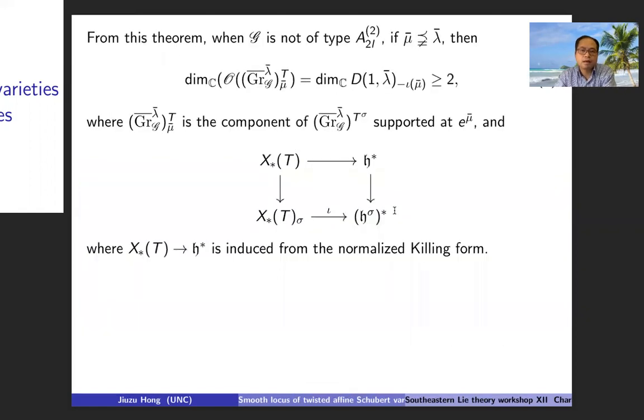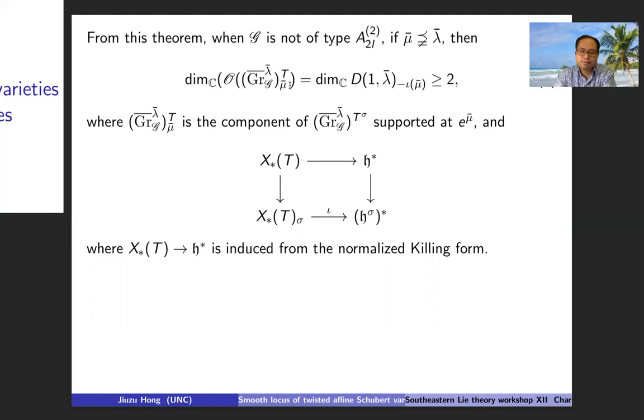Okay, again, here we really use a similar strategy, right? To determine which fixed point is smooth or not, we just look at the dimension of the coordinate ring of this fixed point subscheme supported at this E2 mu bar.